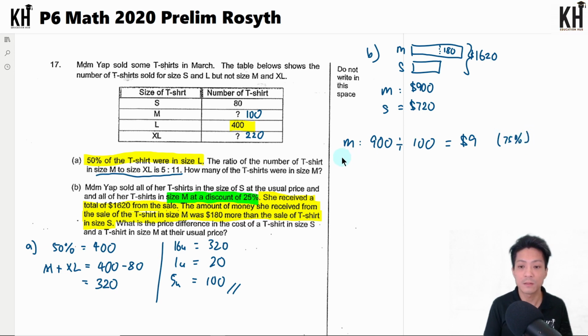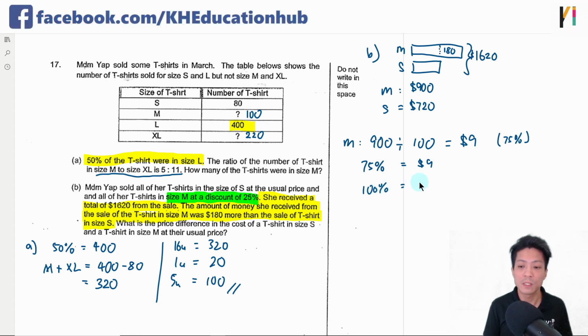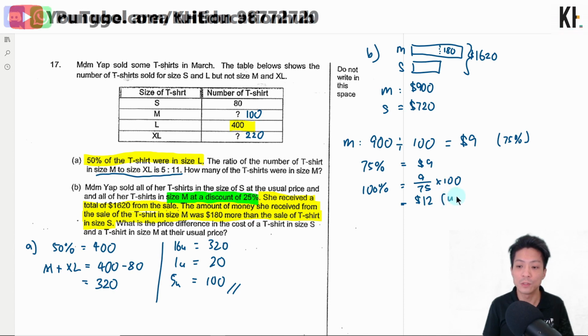We're going to work out the usual price. 75% is equal to $9. To work out 100%, you just need to use 9 over 75, times 100. $12 is the usual price of M.